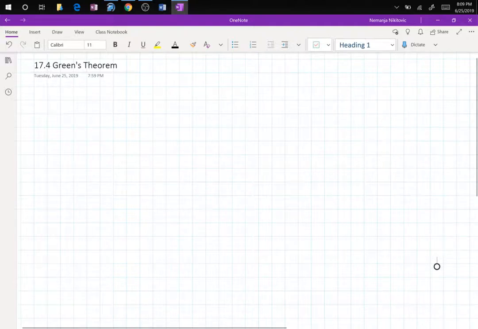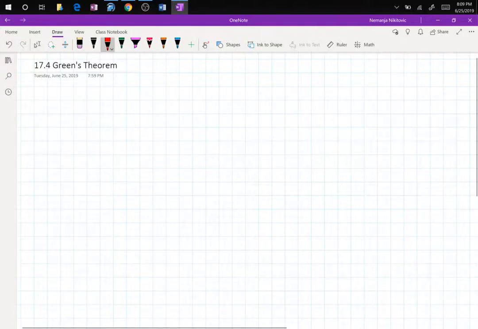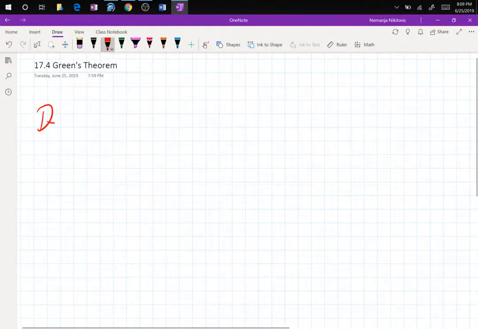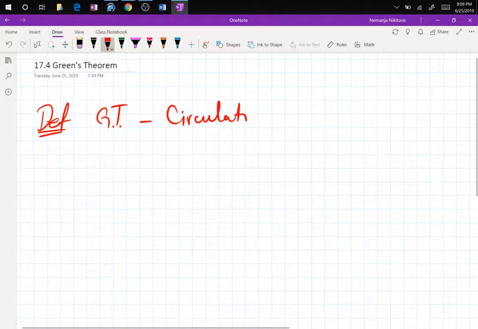We are going to learn those, starting off with the definition for the circulation form. Definition, Green's theorem, circulation form. It has a whole bunch of prerequisites.